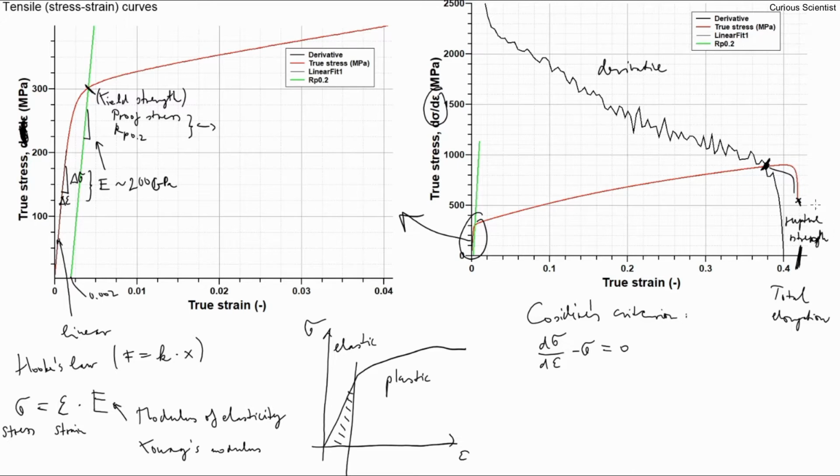And then at this point, it's not so straight, but you get it. This is the ultimate tensile strength, UTS. And then up until this point, from the beginning, you have uniform elongation.